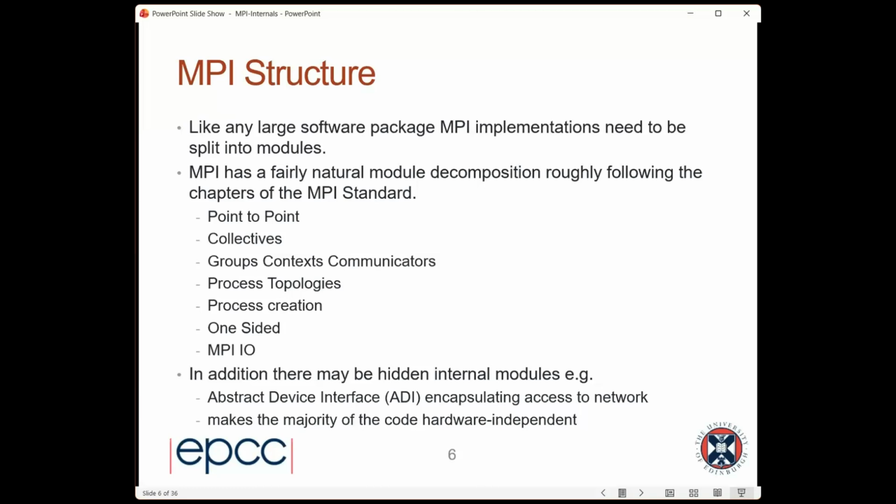Is it something more bespoke, like the Slingshot network on the HPE systems? And so there may be an abstract device interface, some module which handles all the network traffic, but the majority of the code you'd expect to be hardware independent. When developing the library, you'll try and isolate all the hardware dependent parts to a very small kernel of routines, which you then have to port if you want to take the library to a new platform.